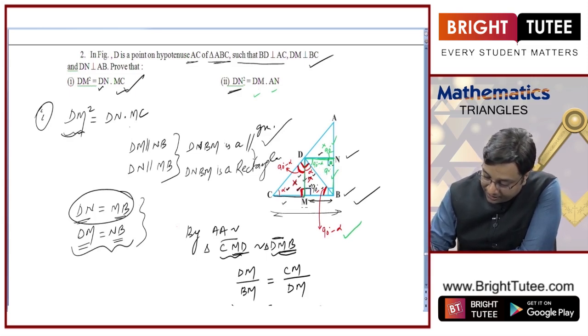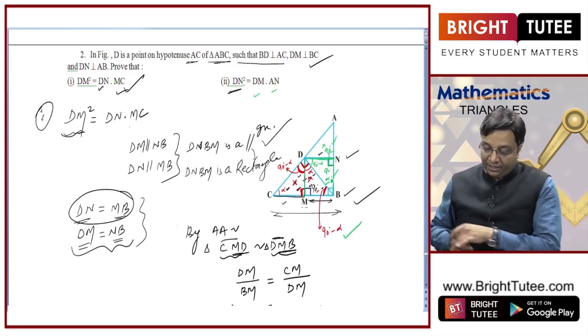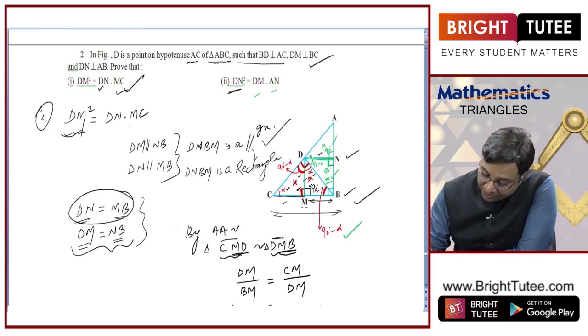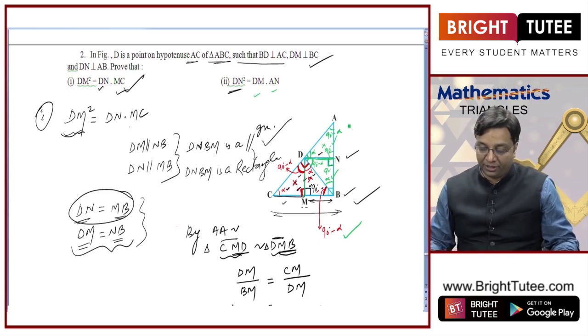This angle is 90. So what will be this angle? This angle will obviously be alpha. Okay. And look at this. This complete angle is 90 and a part of this is 90 minus alpha. So the remaining part will obviously be alpha and this part is 90 minus alpha by the same logic. So I am using just the angle sum property here.